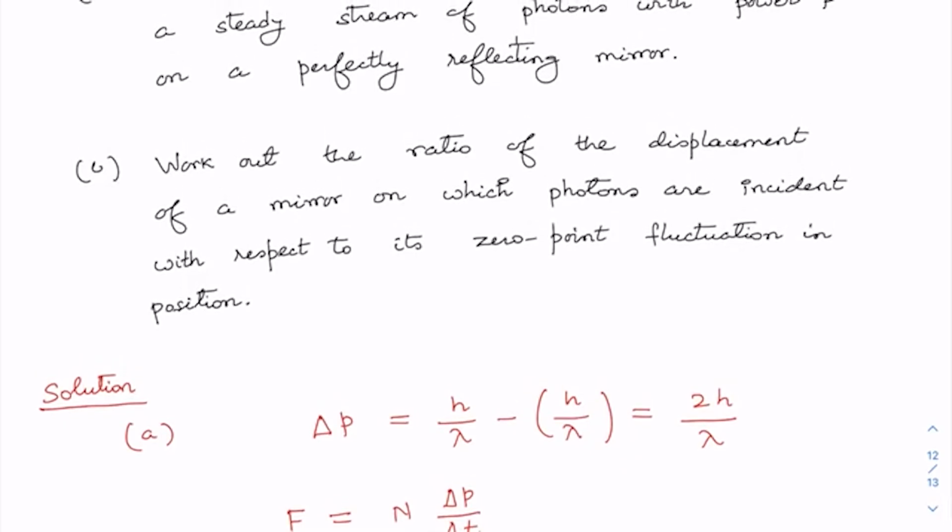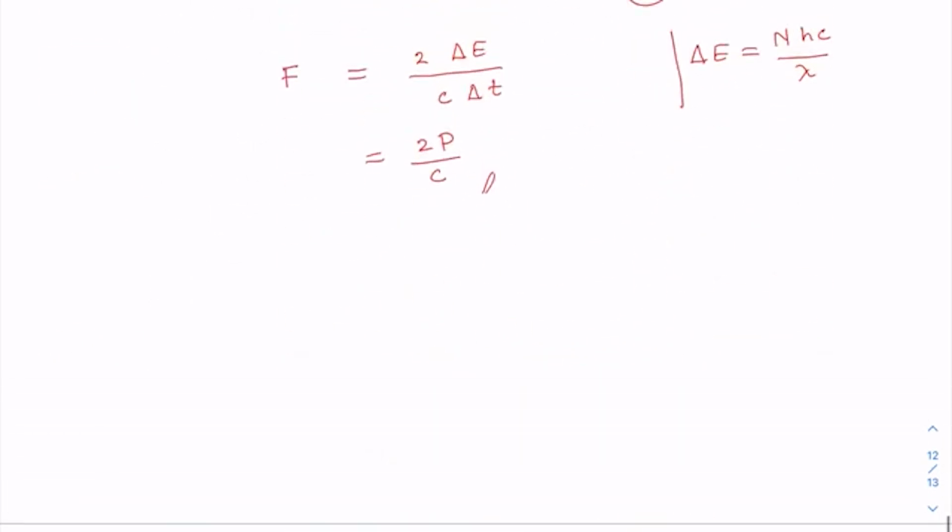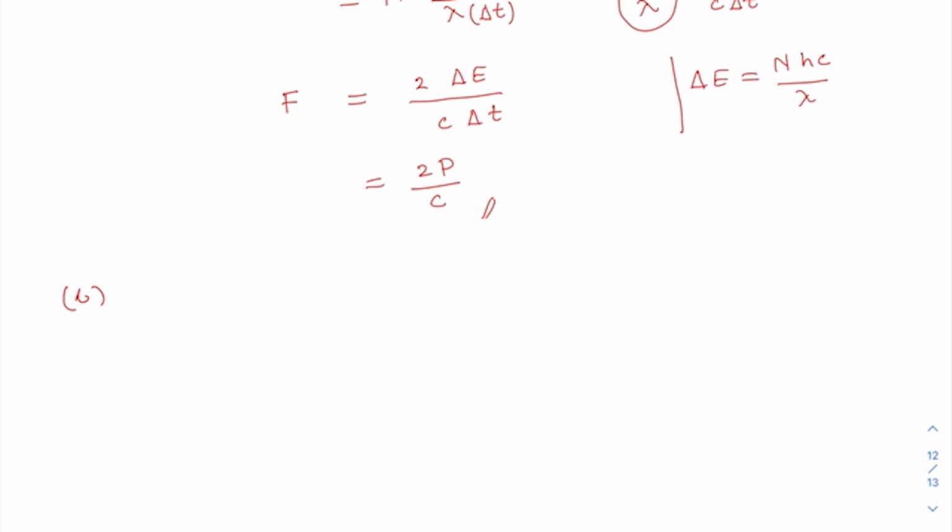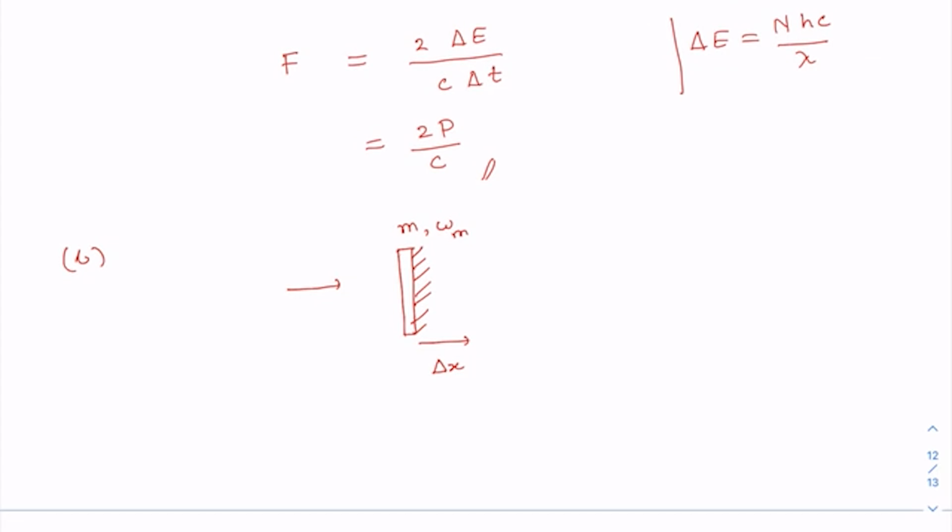Work out the ratio of the displacement of a mirror on which photons are incident with respect to its zero-point fluctuation in position. Let us do it. Say due to the photon, the mirror having mass m and resonance frequency or natural frequency omega m is getting displaced by an amount delta x when a photon is getting incident on it. The kinetic energy gained by the mirror due to the momentum imparted by the photon gets converted to potential energy of the mirror.